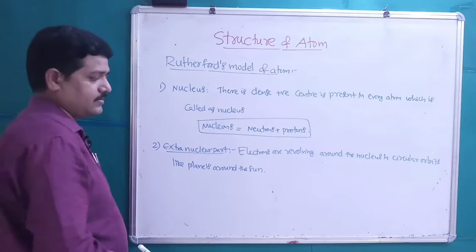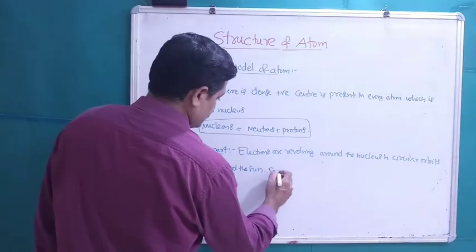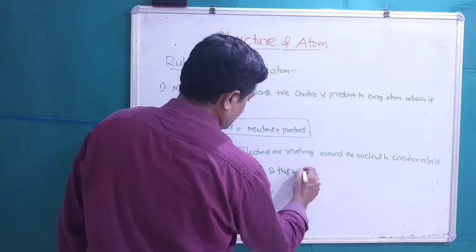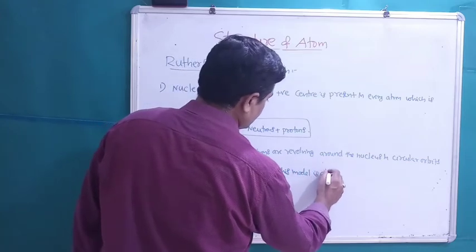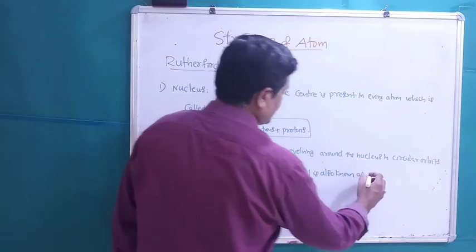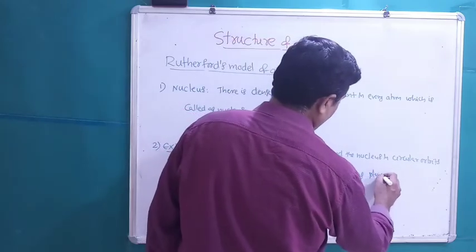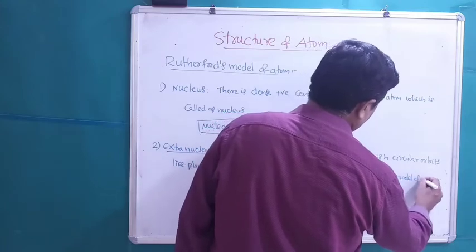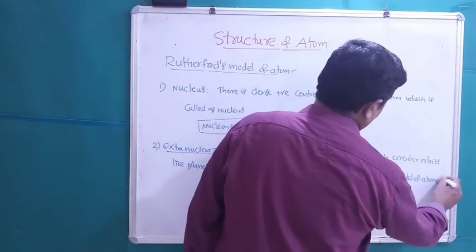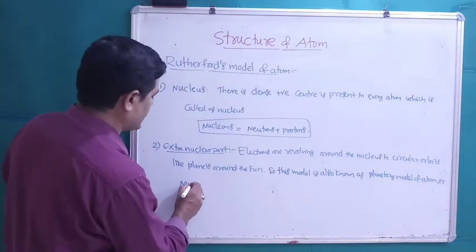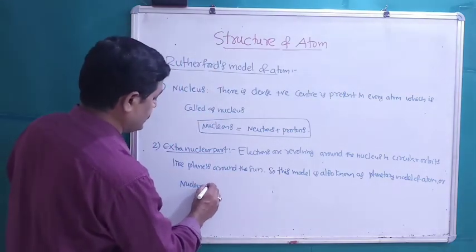So this model is also known as the planetary model of atom, and since the nucleus has been discovered in this model, it is also known as the nuclear model of atom.